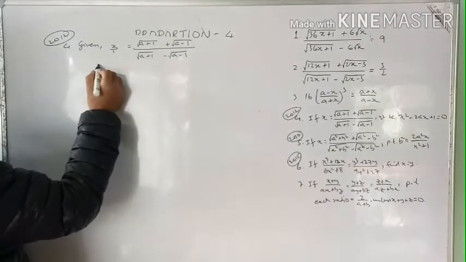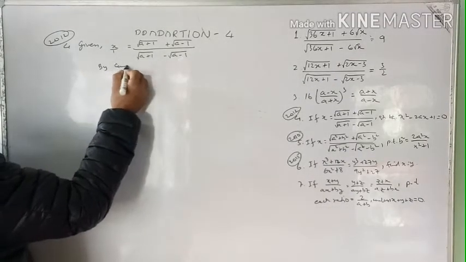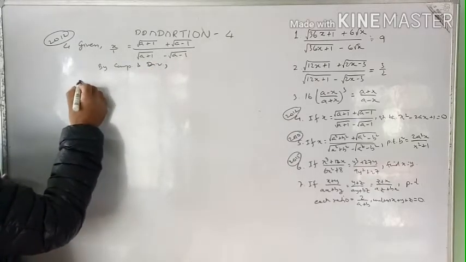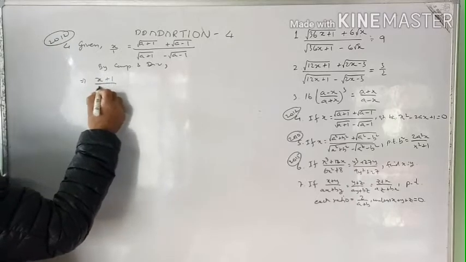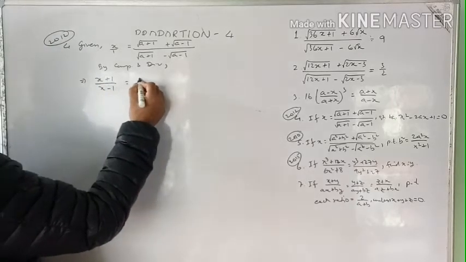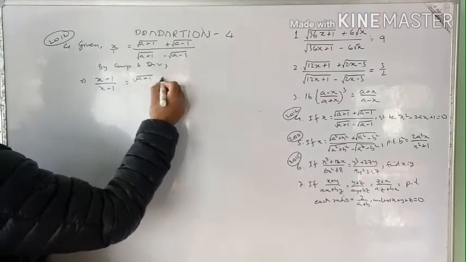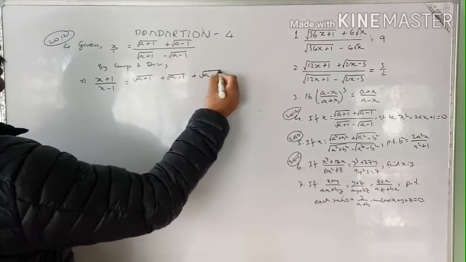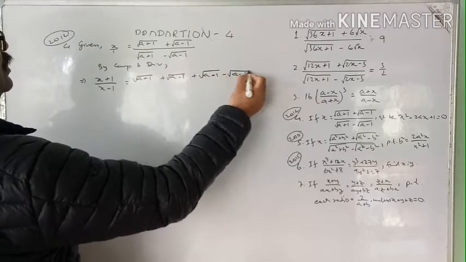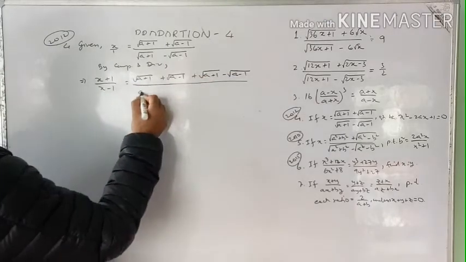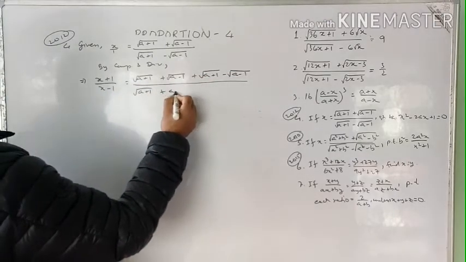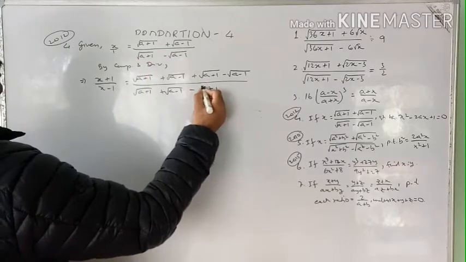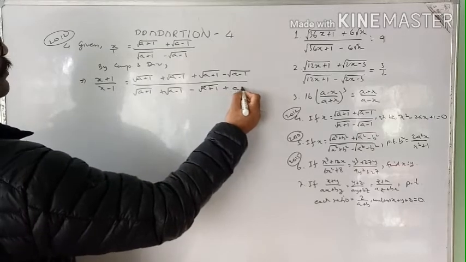So by componendo and dividendo, what we get here, x plus 1 upon x minus 1 is equal to root over a plus 1 plus root over a minus 1 plus root over a plus 1 minus root over a minus 1. So here minus sign will change the sign, so minus becomes plus.